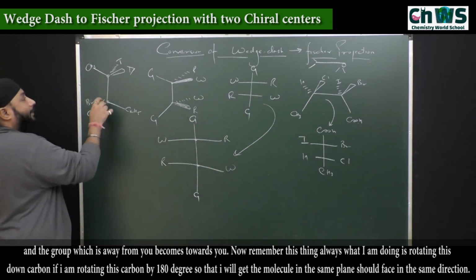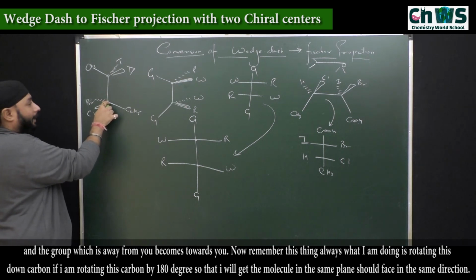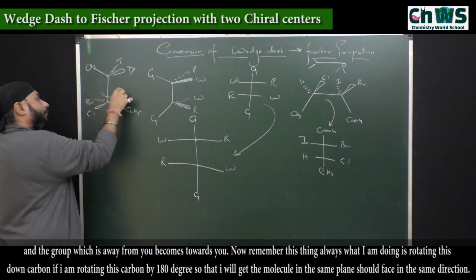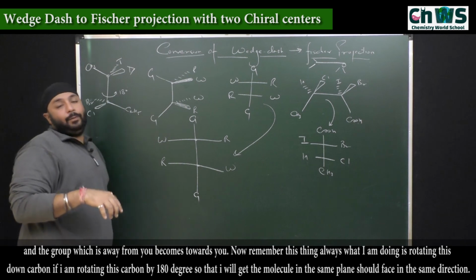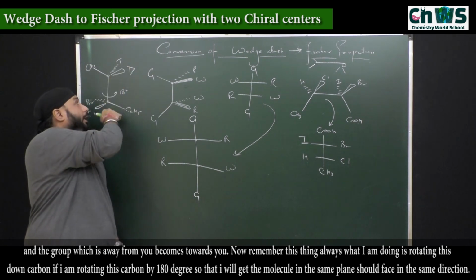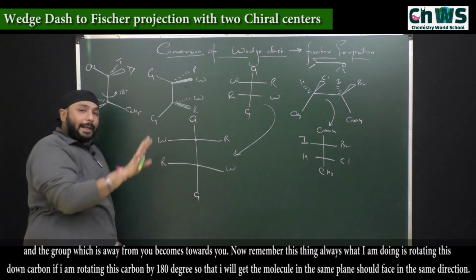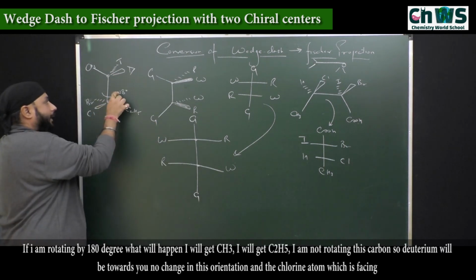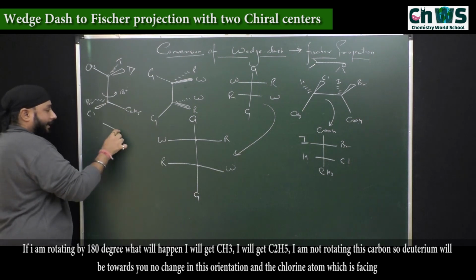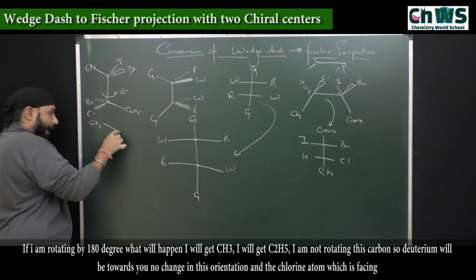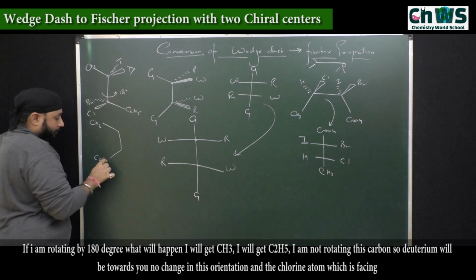Now what I'm doing is just rotating this down carbon, right? I'm rotating this carbon by 180 degrees so that the groups in this plane face in the same direction. So if I'm rotating by 180 degrees, what will happen? I'll get CH3, I'll get C2H5.